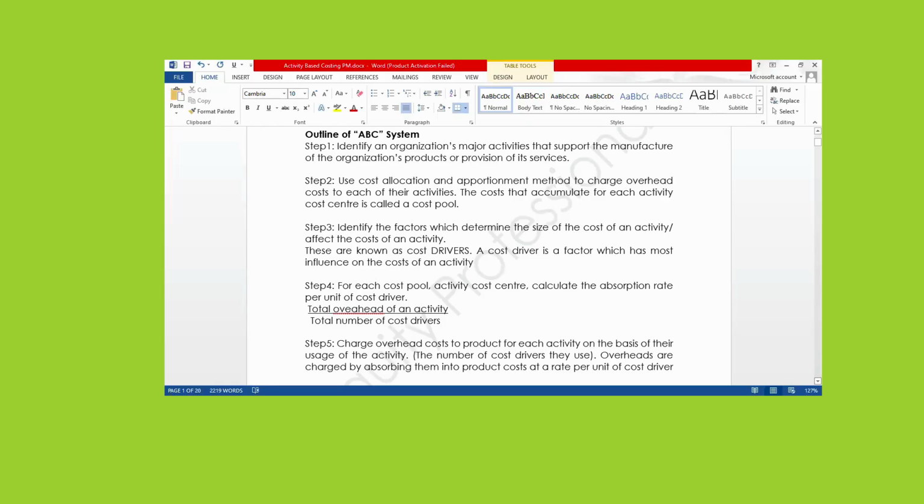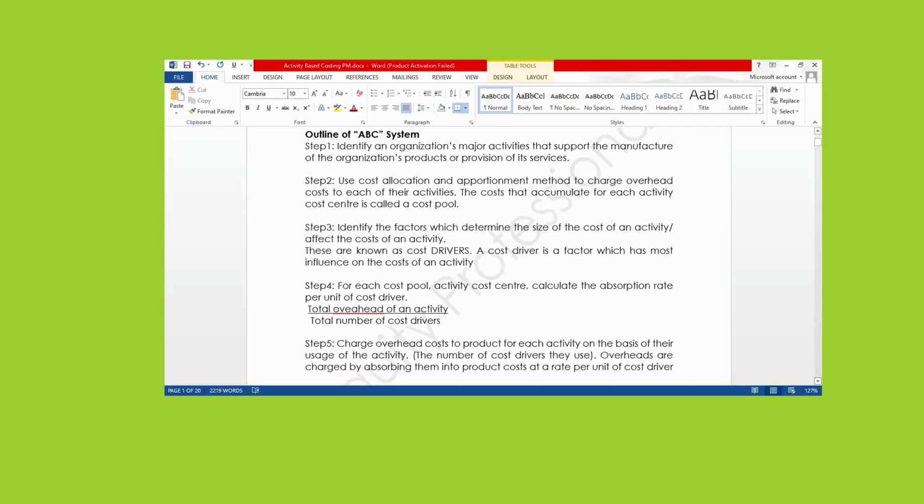Step 4. For each cost pool, the activity cost center calculates the absorption rate per unit of the cost driver.